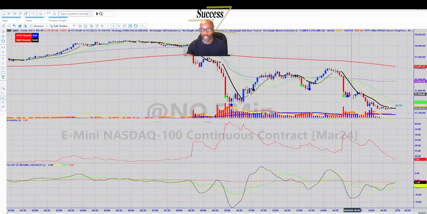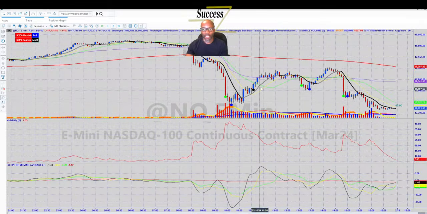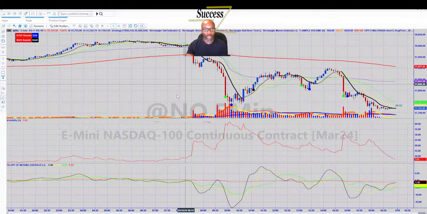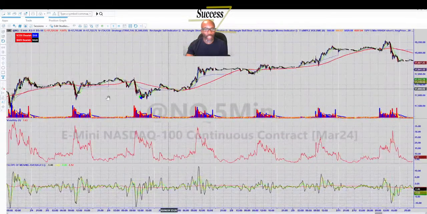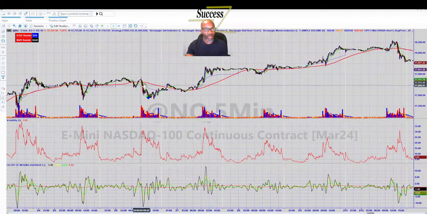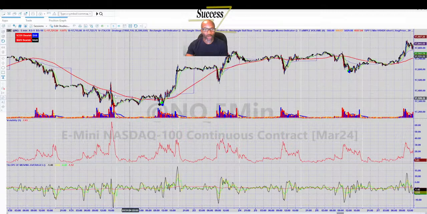These are the same setups, and this setup isn't that great for NQ because this would have lost, right? This would have lost. This one here would have worked. This one would have worked. But like I said, we set this up for ES. It's a different beast than NQ. NQ has a lot more volatility, so you need to be prepared for that when you're making your codes. But that one worked. That one worked.